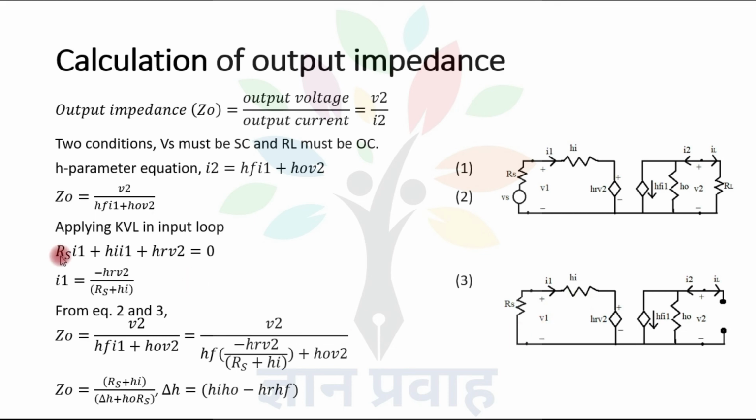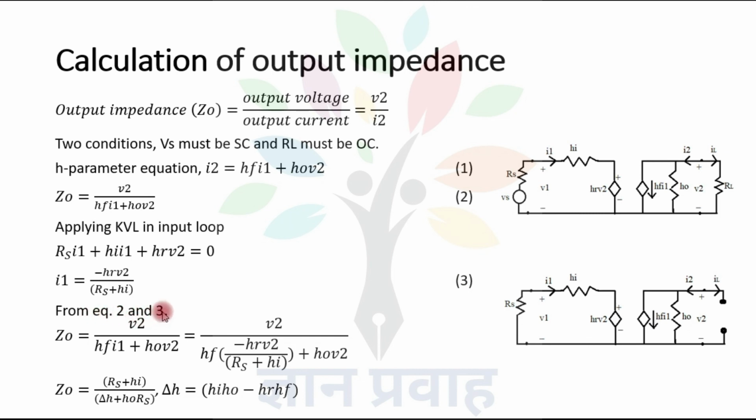RS I1 plus HI I1 plus HR V2 equals 0. From this expression, I1 equals minus HR V2 divided by RS plus HI. That is equation number 3.